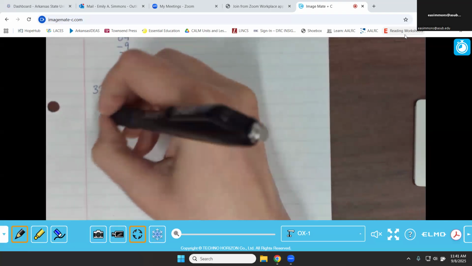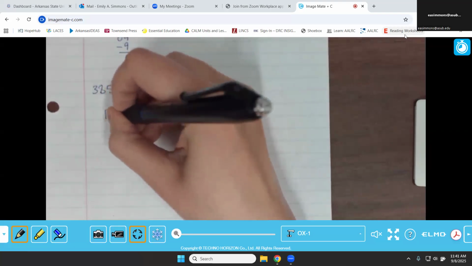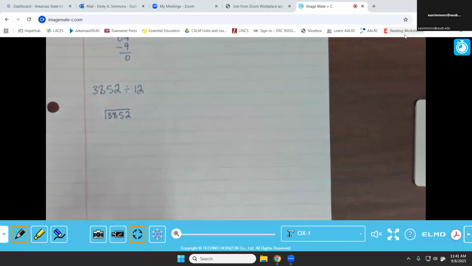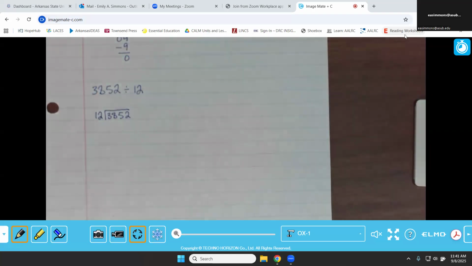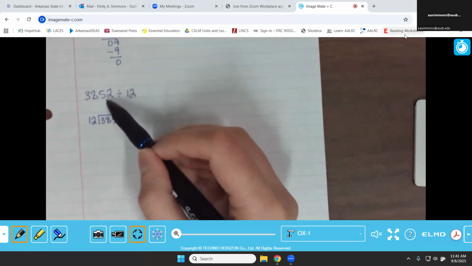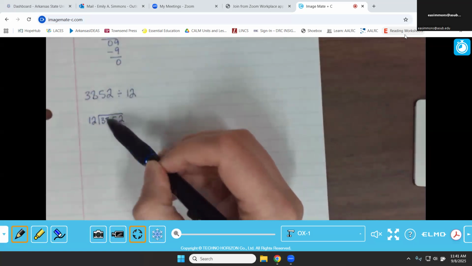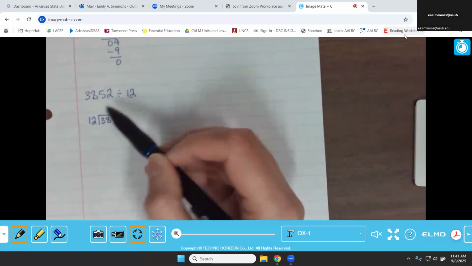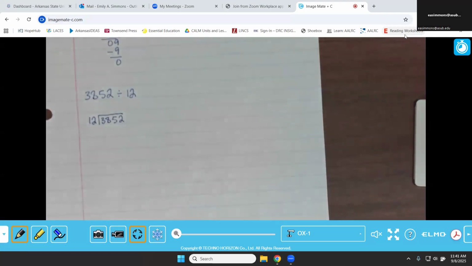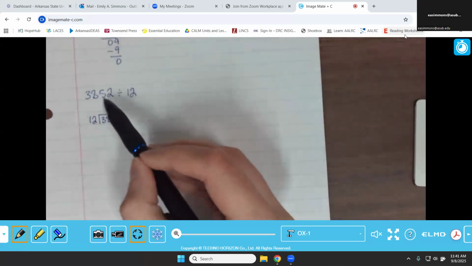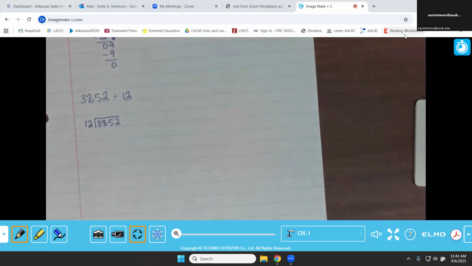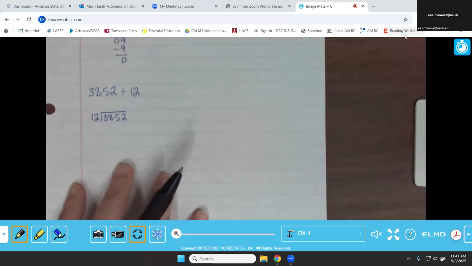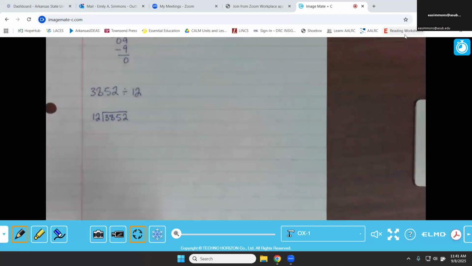My 3,852 goes in the long division sign, and then the 12 goes on the outside. And I really wanna specify that the front number goes inside and the second number goes outside. Because sometimes when we're dealing with decimals, the first number may not always be the bigger number. So I just want to make that clear from the start. That way, when we do get into decimals, we're thinking the right way.